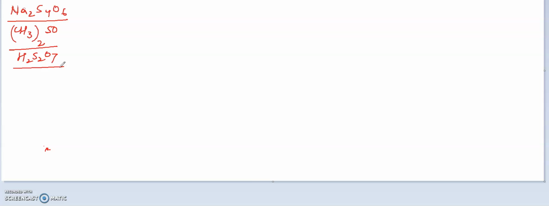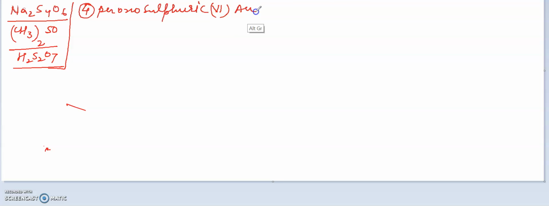Now our fourth compound which we are going to discuss today is peroxosulfuric acid. Oxidation number of sulfur in that acid is 6.